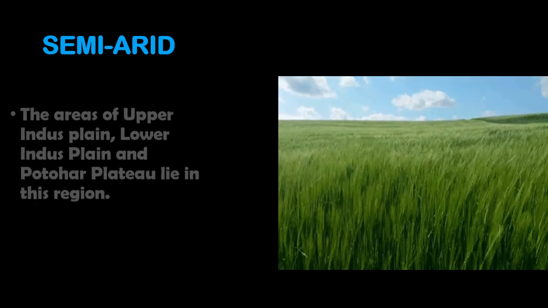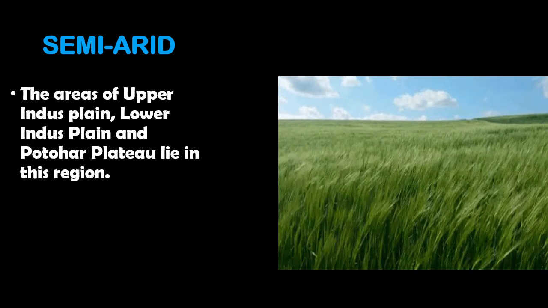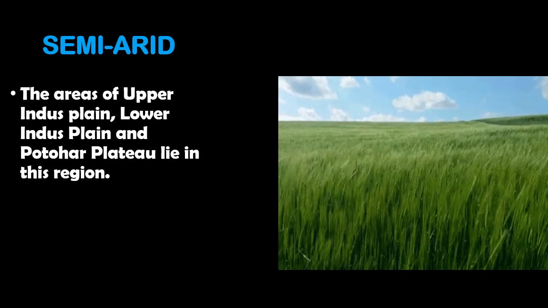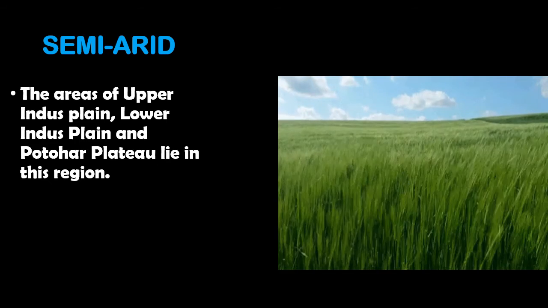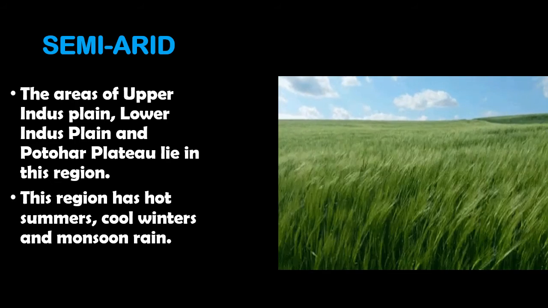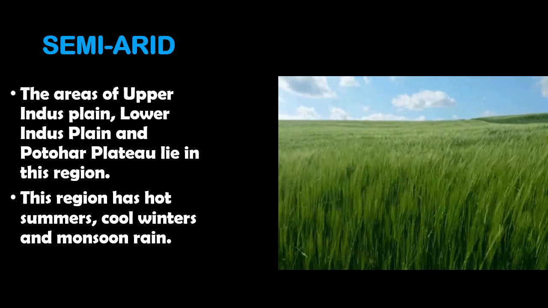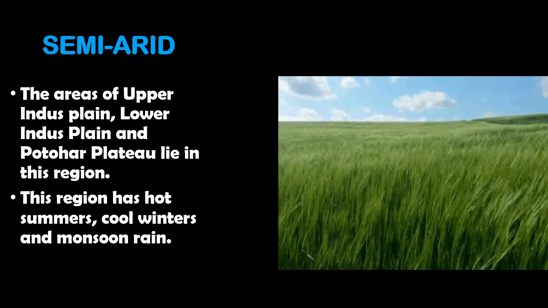Now the semi-arid. The areas of upper Indus Plain, lower Indus Plain and Potohar Plateau lie in this region. This region has hot summers, cool winters and they receive monsoon rains.